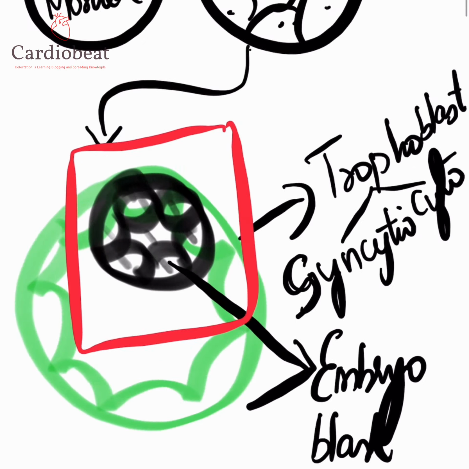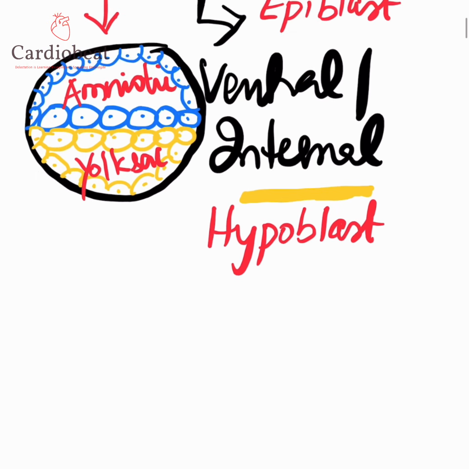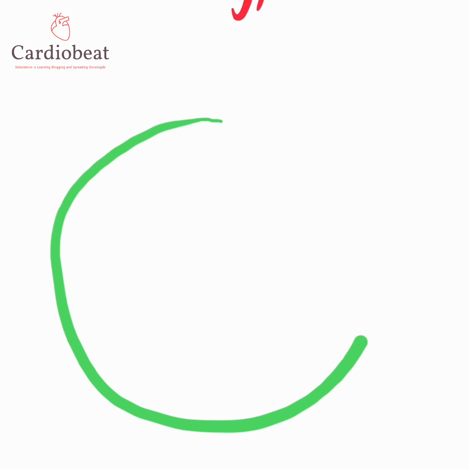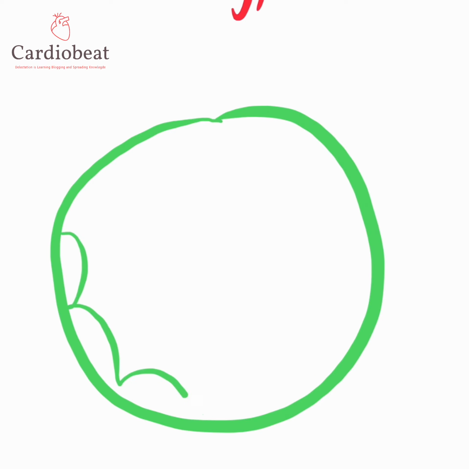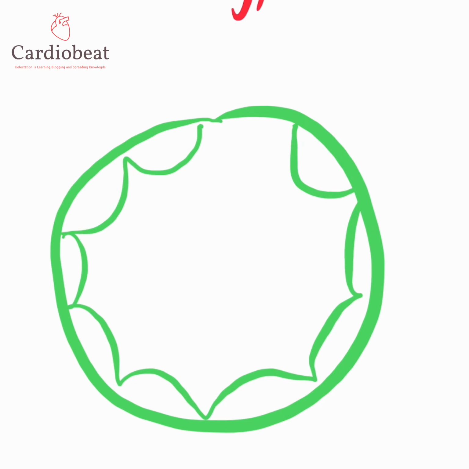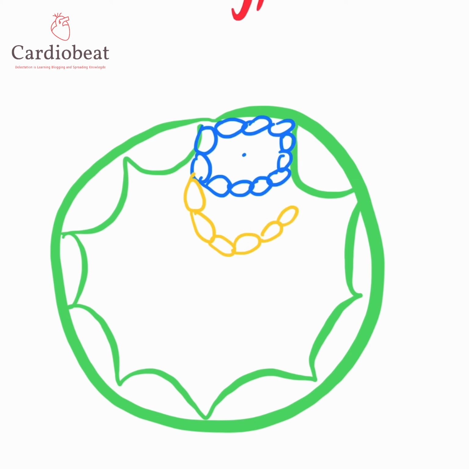We'll move on to the bigger picture. We will put this embryoblast into that picture and see what is happening. We have the outer trophoblast. Then we have the epiblast with its own cavity, the amniotic cavity, and the ventral hypoblast, which has its own cavity, the primitive yolk sac.